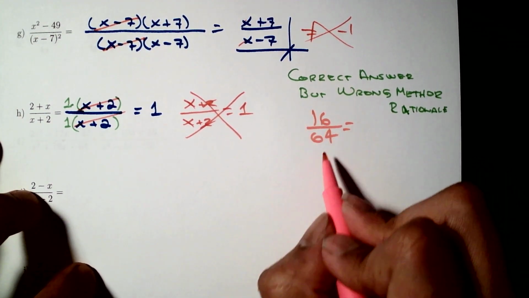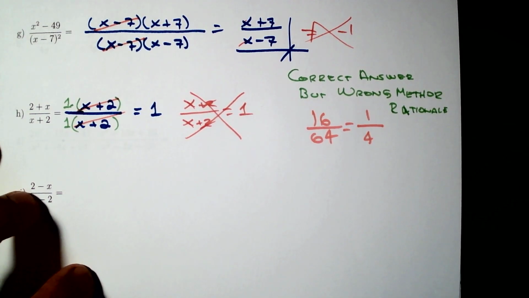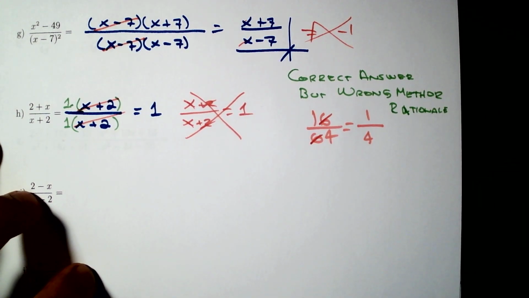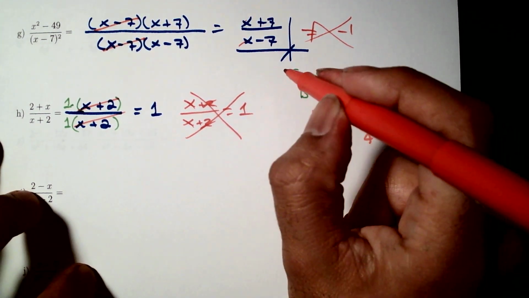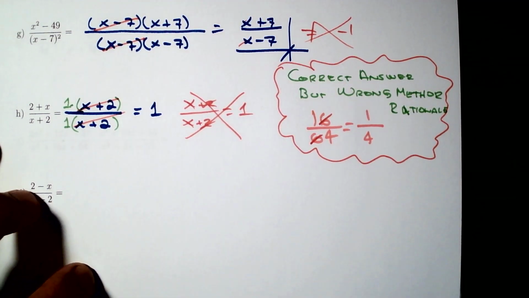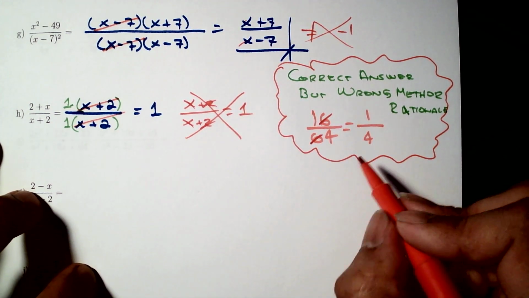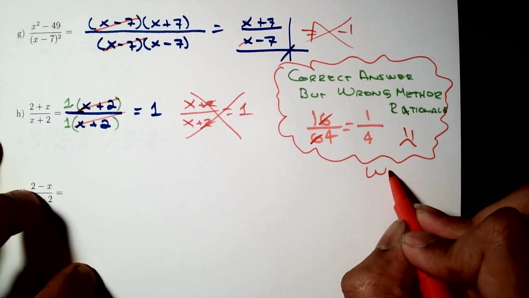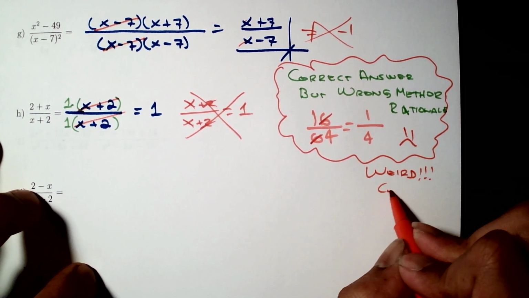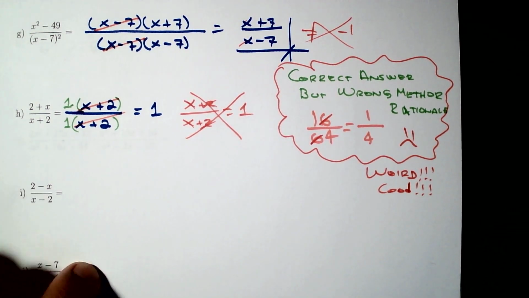What does that reduce to? Well, 16 goes into 64 4 times. That's 1/4. But in this case, can I cancel these two 6's? See how weird this is? You still get the same answer, but this is not the correct way to think about it, right? This is weird, but still kind of cool at the same time. Right? It's weird and cool, but not correct.